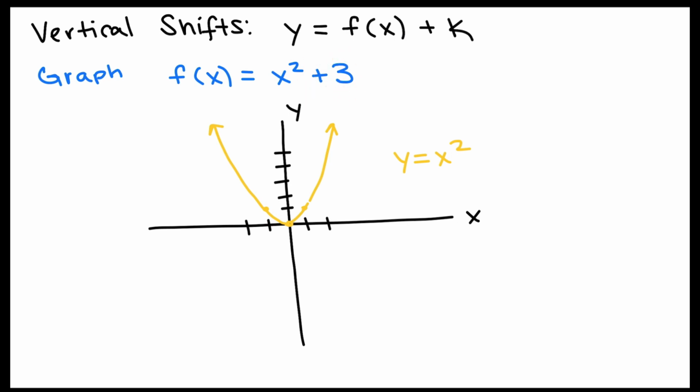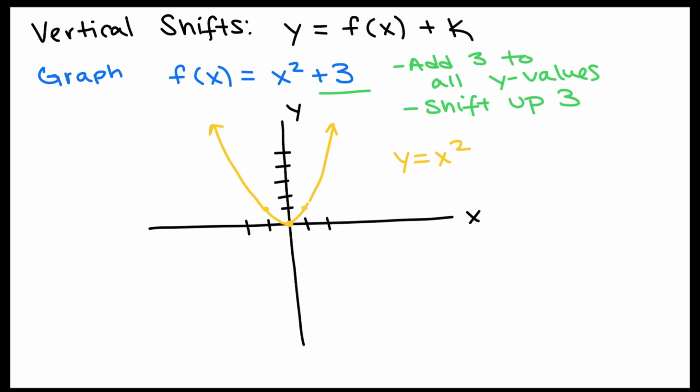What this plus 3 does to the graph is it's going to add 3 to all the y values, which is actually going to take the graph and shift it up 3 units. So I'm going to take these 3 points on my parent function and just add 3 to their y coordinate or move them up 3 units.